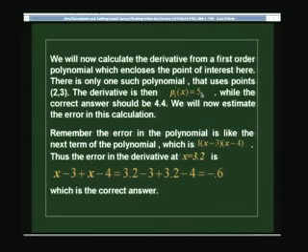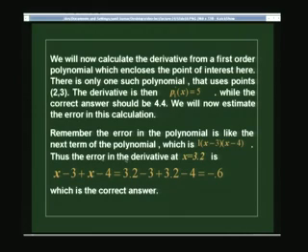So our value which we found was 5, and the error was 0.6, and we know the actual value is 4.4. So we see that this gives us a good idea. In this particular example it is exact, but this may not be exact always, but it will give us a good estimate of the error by just finding the derivative of the next term in the polynomial.